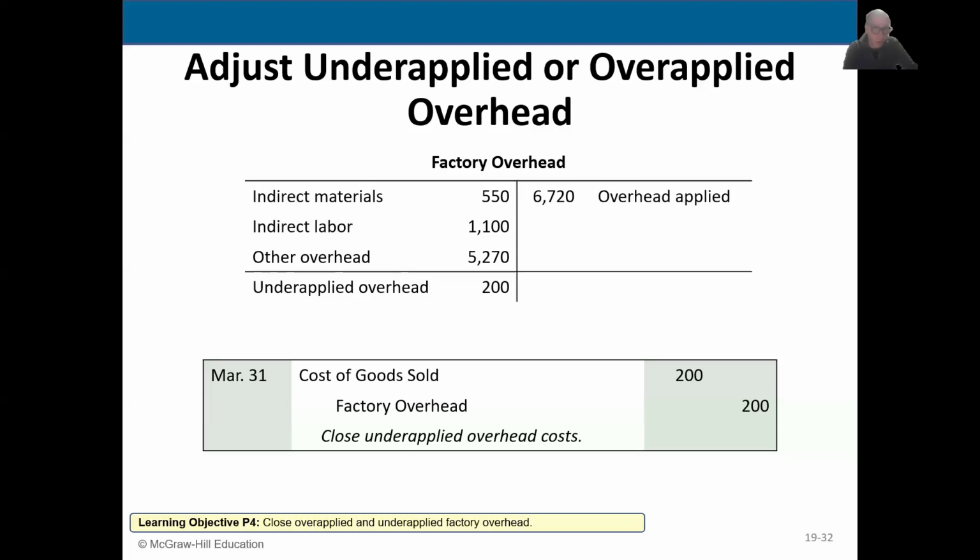Well, we took into consideration the indirect materials plus the indirect labor plus the other overhead, getting us to the actual overhead amount. So we can see that there's a difference here. That difference, of course, being 200.